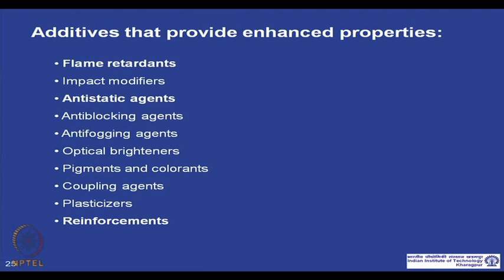If the anti-fogging additives were not present, it would condense and the customers would not be able to look through that film. So, that would be a bad property of that film.